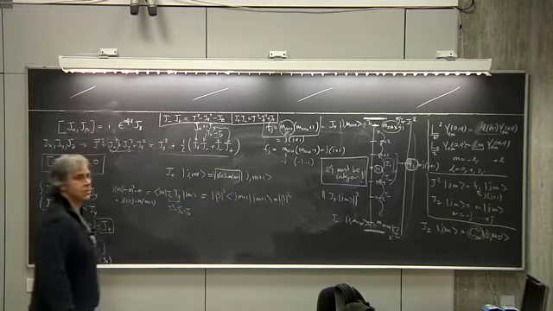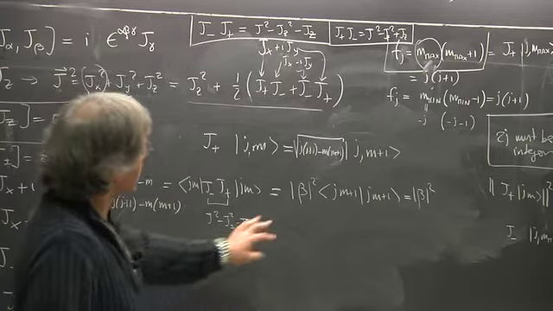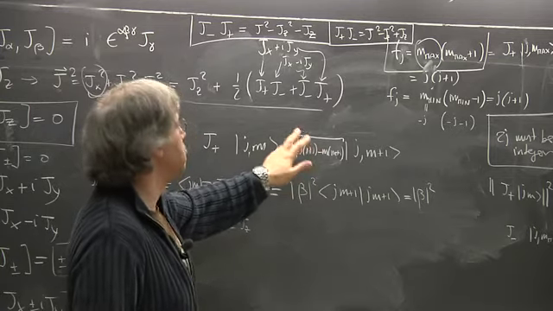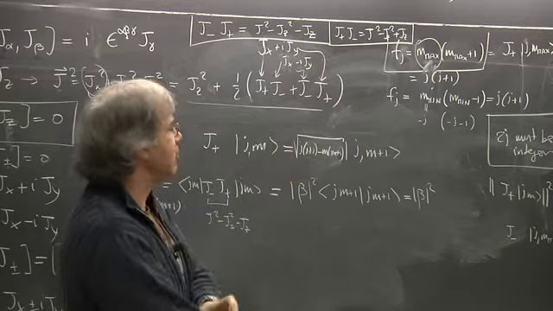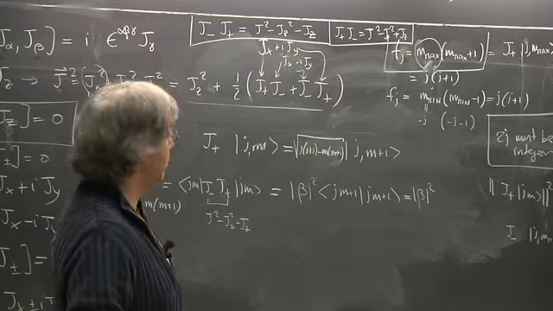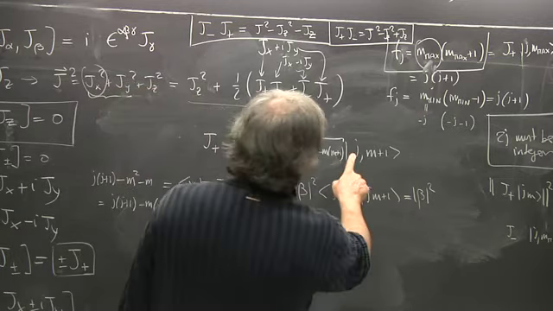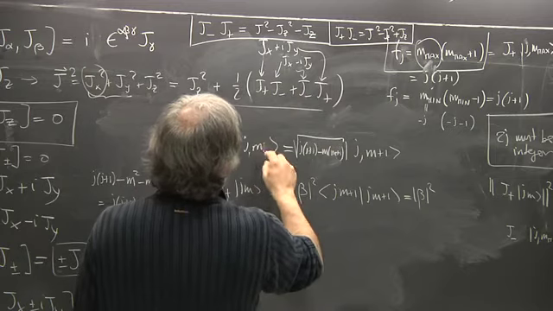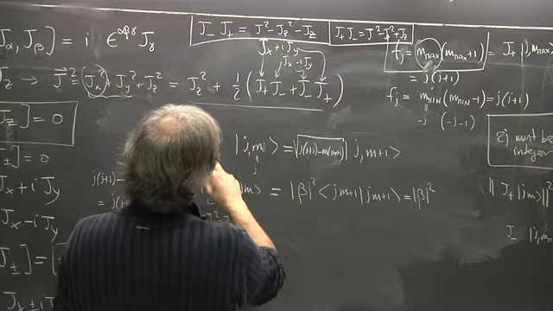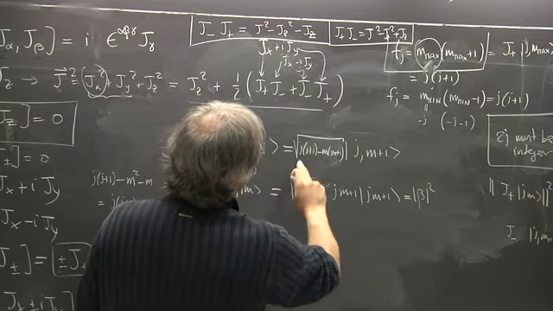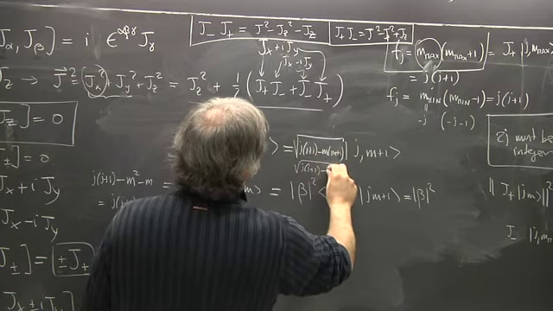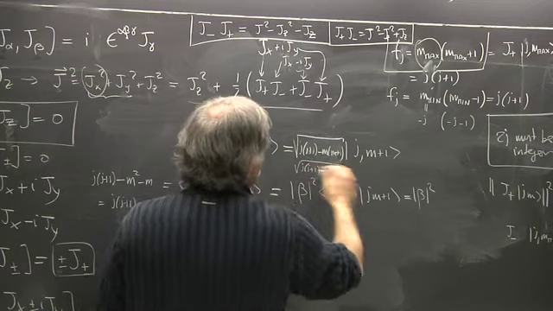Okay? Is this clear to everybody? Now, in principle, I might add an arbitrary phase, okay? But, I mean, most common choices of phase are such that this object is just defined in this way. You see immediately, by the way, that if m is equal to the maximum possible value, that is j, and I try to calculate the right-hand side, I will get here square root of j plus 1, minus j plus 1, which is 0, okay?